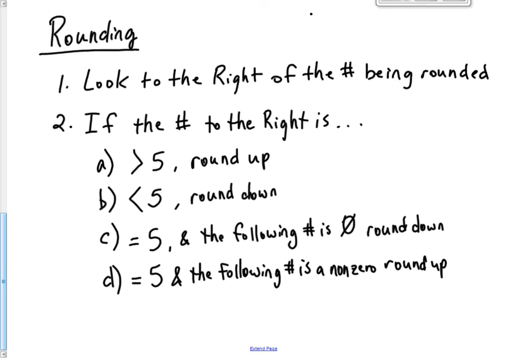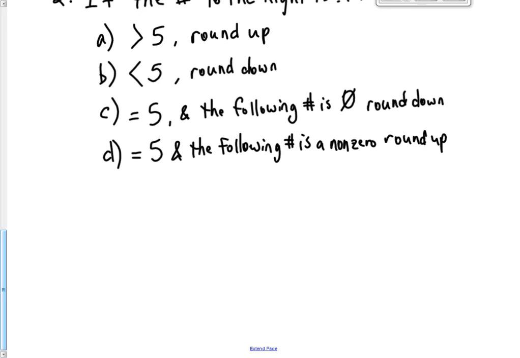Okay? Some people like to think of it as looking at 2 different places, or sorry, the 2 places over. So if you have 4.353, and you're rounding to the 3, some people like to say, well, let's look at these 2 numbers, and if it's 51 or higher, then you round up.